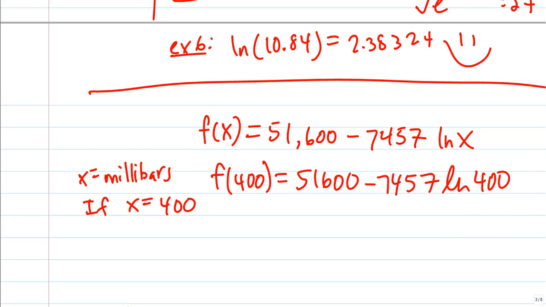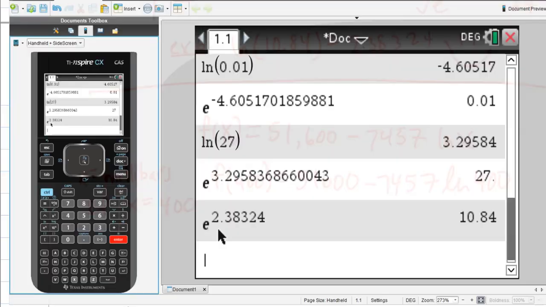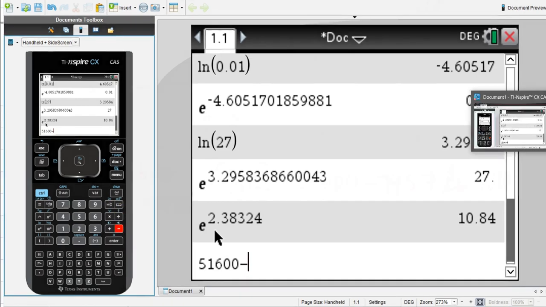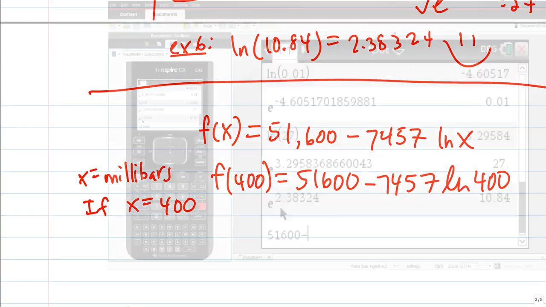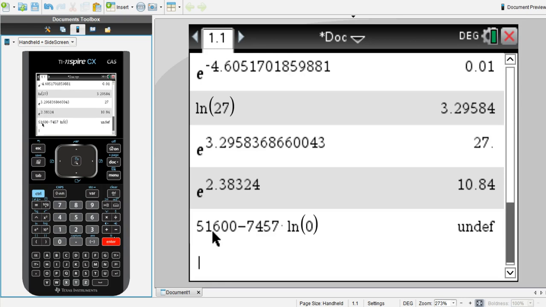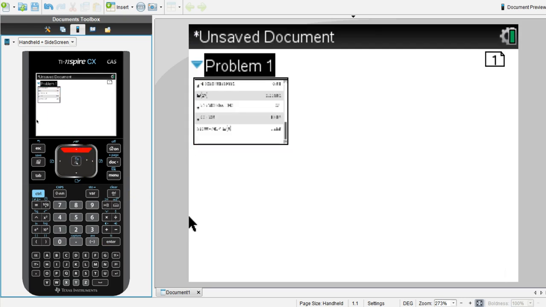Can you do this in your calculator? I hope so. 51,600 minus 7457 times the natural log of 400. What did I do there? Dang it. Buttons, buttons.